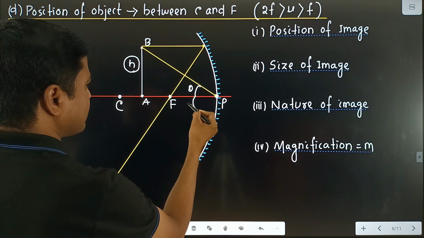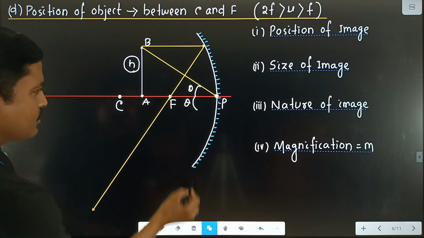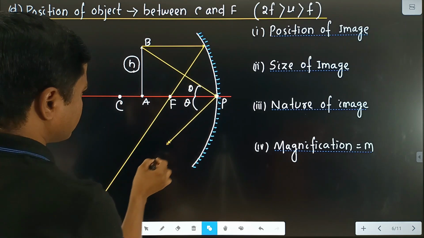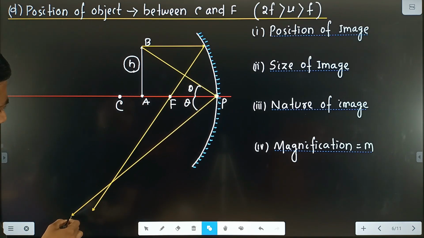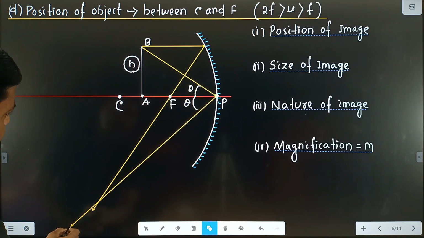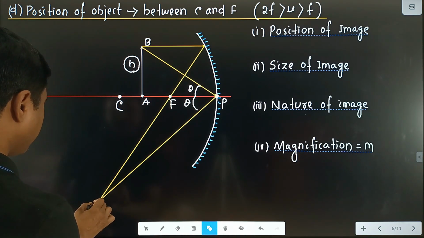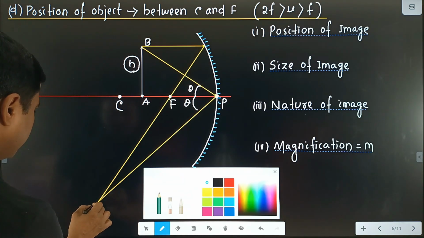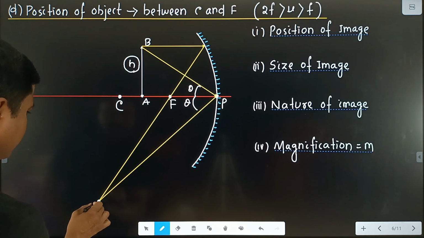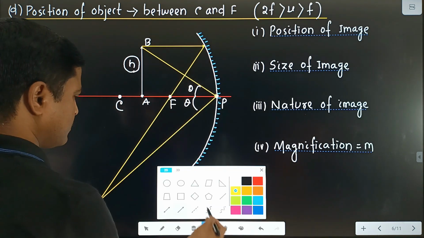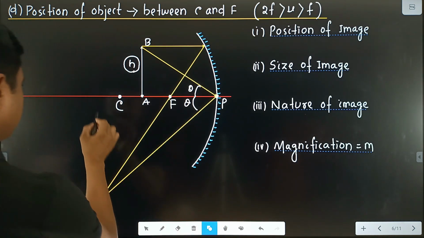With an equal angle, the ray is returned back into the same medium, and both the rays meet at this point. That means the image is formed at this point, and this one is the image.